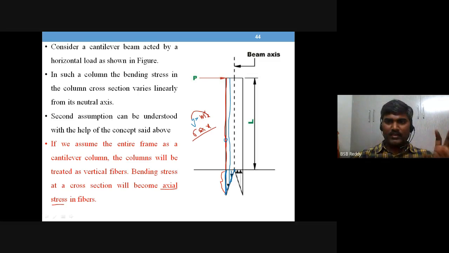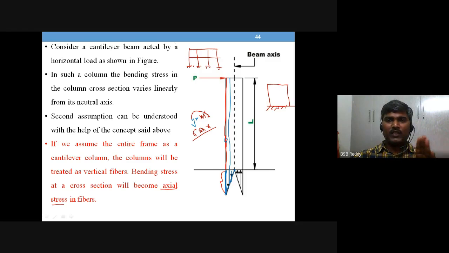So treating the entire frame, say this is some building frame having some columns, imagine this entire frame as just a cantilever, a solid cantilever, something like this.